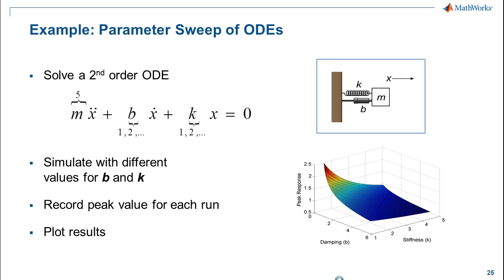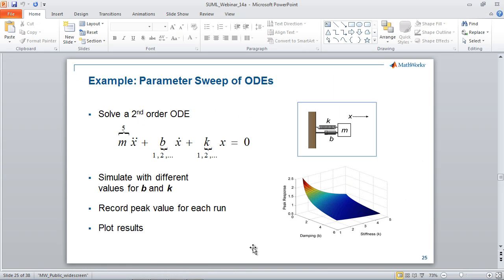So I have this second order ODE and I'm going to use it. Now such problems are really good to use with parallel computing because these are embarrassingly parallel. Each iteration is independent of the others, and that's why they give very good results while using parallel computing.